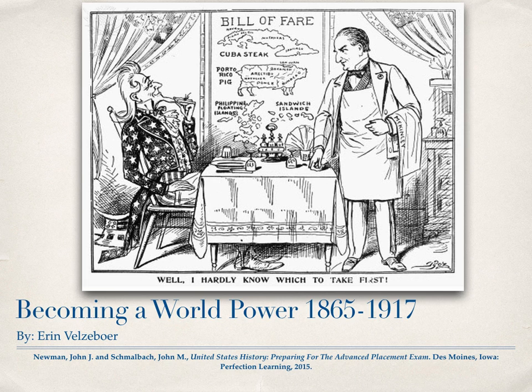And how and why the U.S. acquired an overseas empire and decided to intervene in the affairs of Cuba, Mexico, and other Latin American nations is going to be the focus of our discussion, or the topic of this video today.